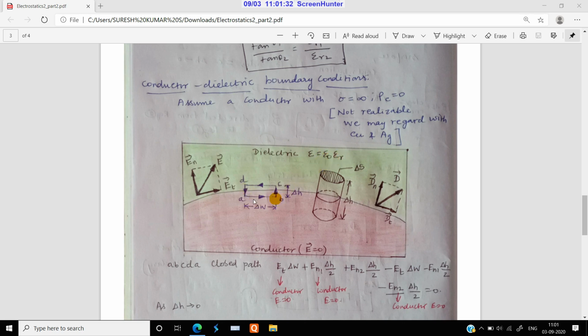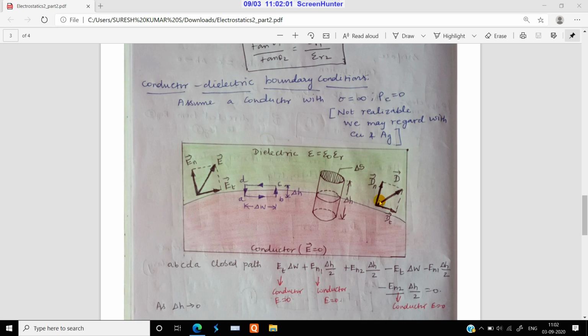We are going to assume the same closed path analogy for this conductor dielectric boundary condition also. So we can segregate the electric field into two components, tangential and normal. Also the flux density can be segregated into tangential and normal components.